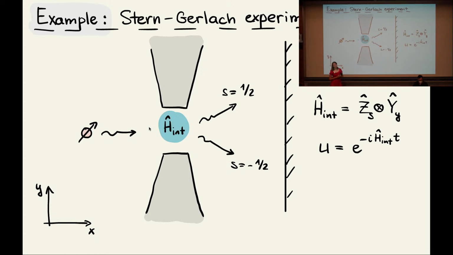This interaction is carried out via turning on the interaction Hamiltonian, which effectively couples the spin of the particle z to its degree of freedom of moving in the y direction. This can be seen as just implementing this unitary for the time t. So basically, in this context, it's just turning on the coupling Hamiltonian.